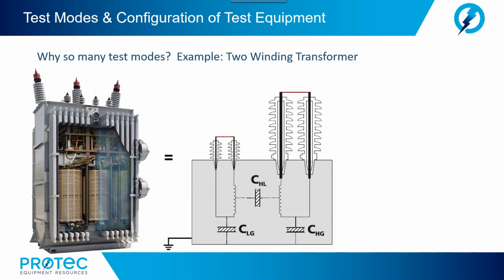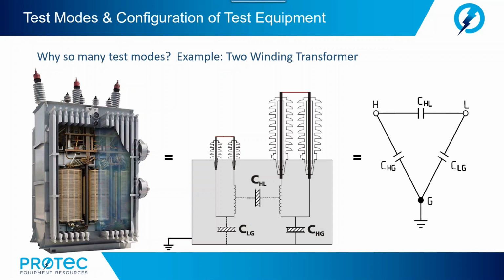The result is we basically now create a capacitance between the high windings and the low windings, and we have a capacitance from the high windings to ground and the low windings to ground. Or in essence, we configure a circuit like this.